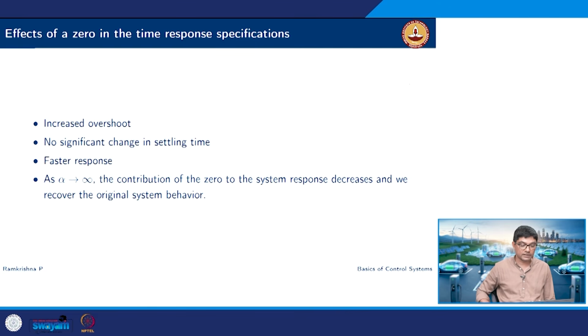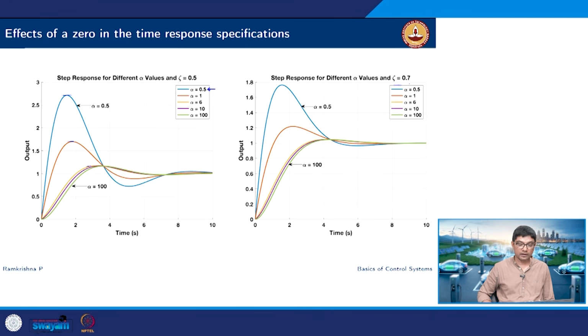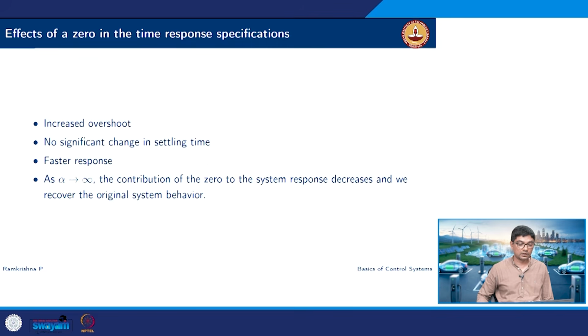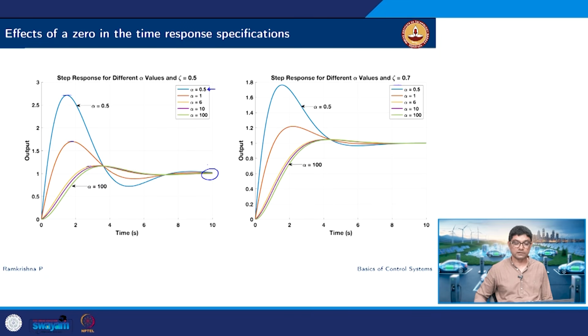So what we see is that there is an increased overshoot. There is no effect on the settling time. Largely, if you see here, the times are the same when the plots go towards 1. The response is faster, of course, for smaller values of alpha, and as alpha goes to infinity, the contribution of the zero decreases, and we recover the original system.